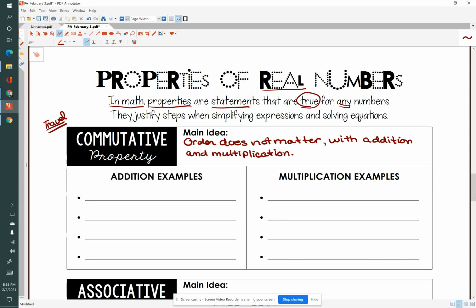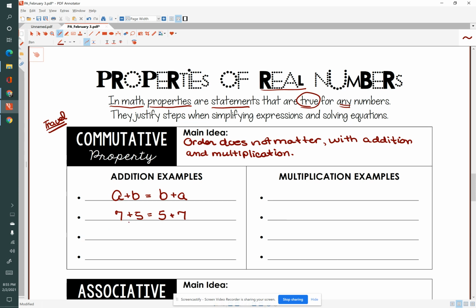So what do we mean? Well, if we use variables, we could say a plus b equals b plus a. If we were using numbers, we could say 7 plus 5 equals 5 plus 7. In either case, we're going to get 12.